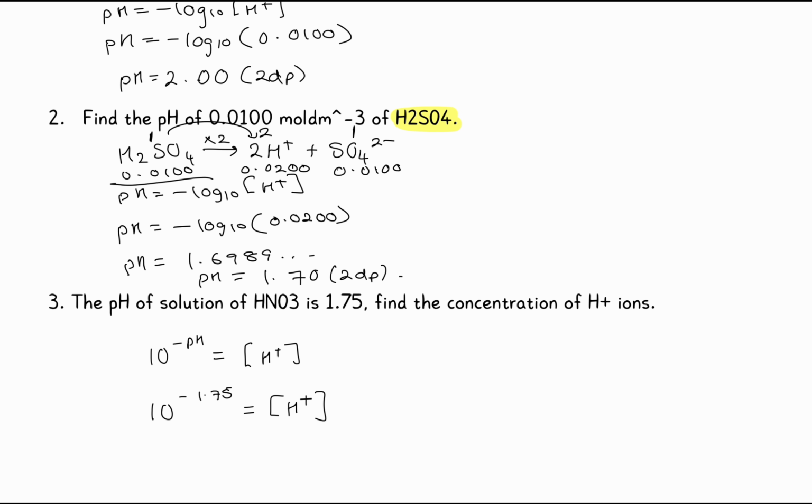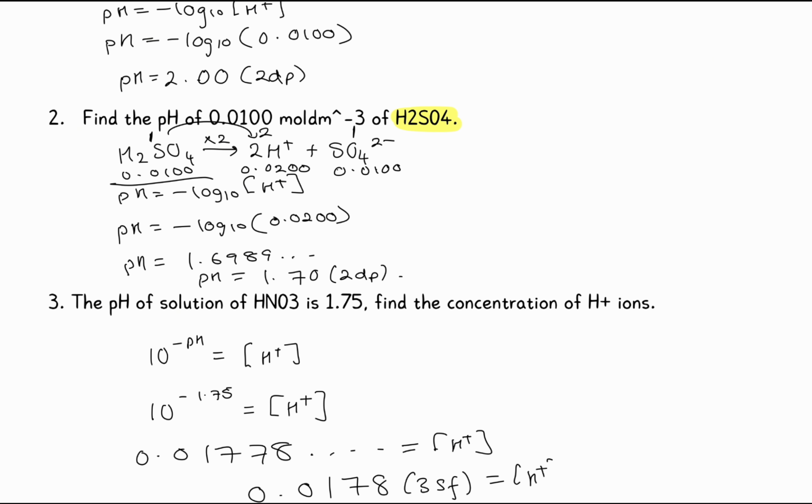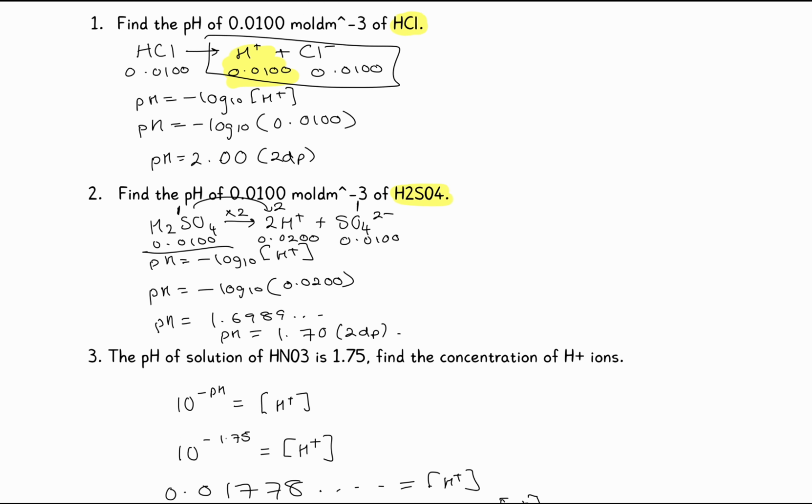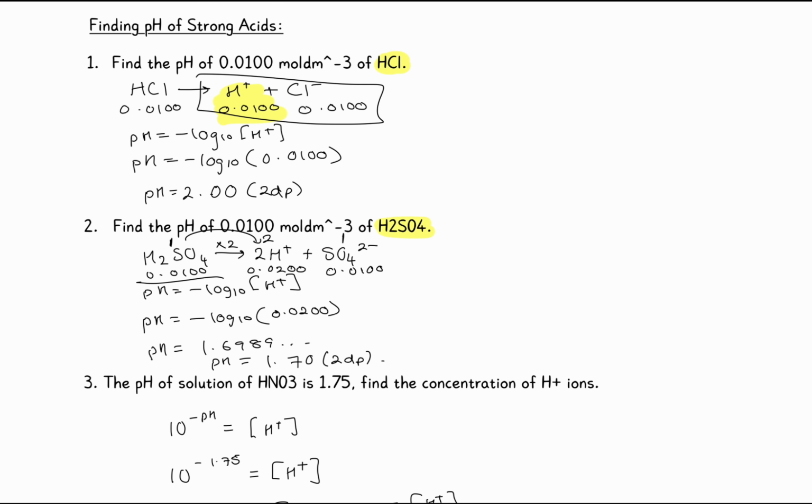So putting that into my calculator, I get 0.01778... and that number keeps going on in my calculator. Now just to round it off, I'm going to round it off to 3 significant figures, 1, 7, and 8. Perfect. And that's how you figure out your concentration of hydrogen ions and find the pH of strong acids.